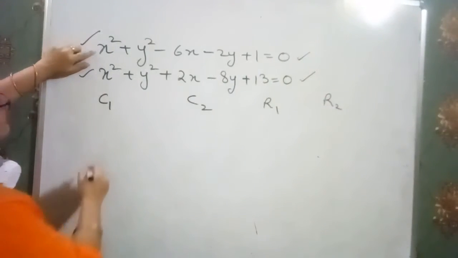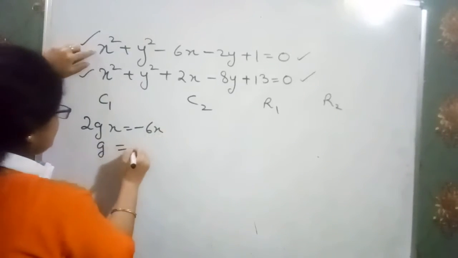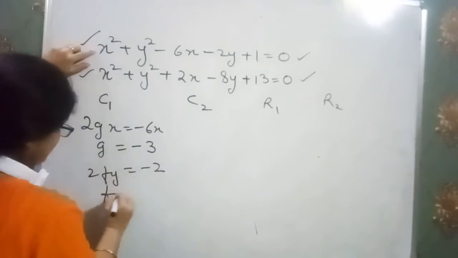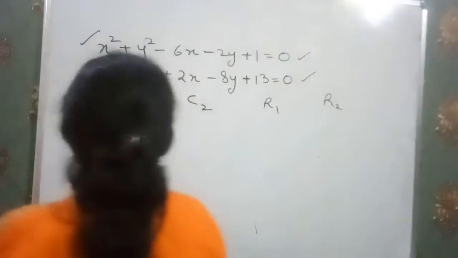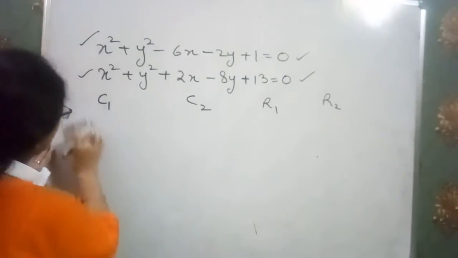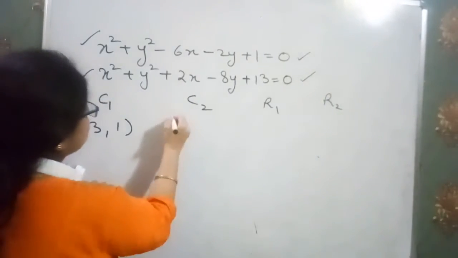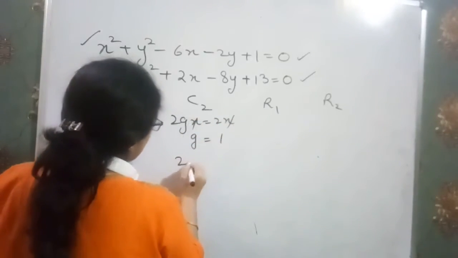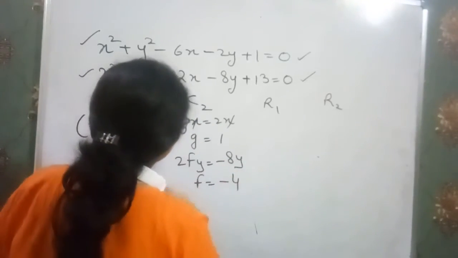In both cases, firstly we find the centers and radius for both the circles. For the first circle, 2gx is equal to minus 6x, so g is equal to minus 3, and 2fy is equal to minus 2y, so f is equal to minus 1. That means our center is minus g and minus f, so we have 3 and 1. Now for C2, 2gx is equal to 2x, that means g is equal to 1, and 2fy is equal to minus 8y, so f is equal to minus 4.